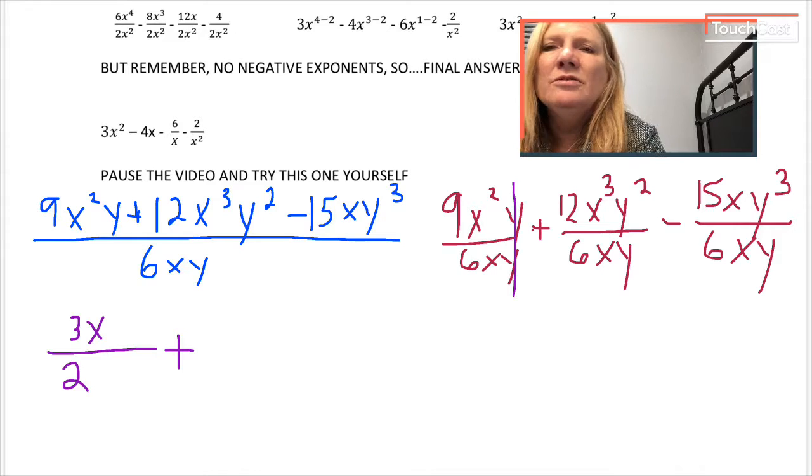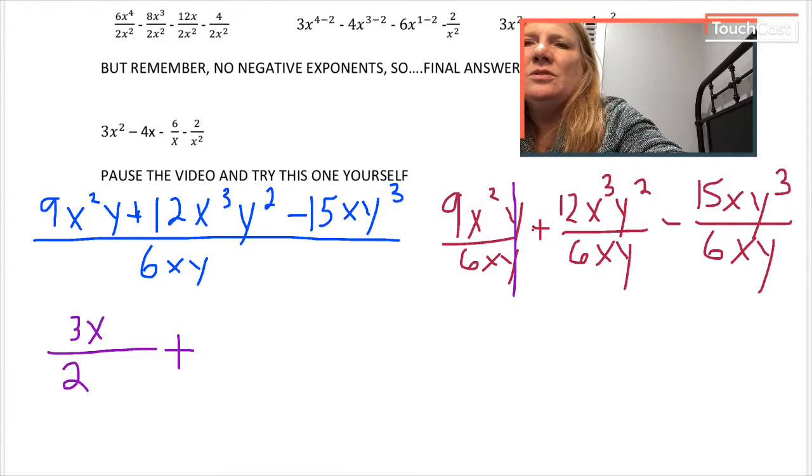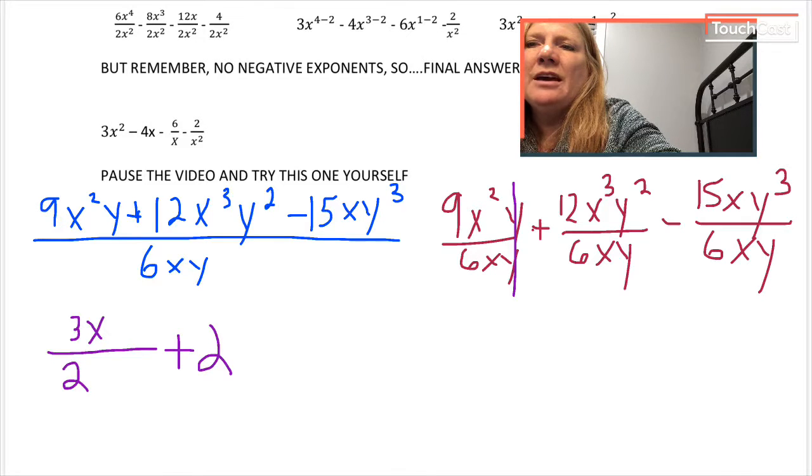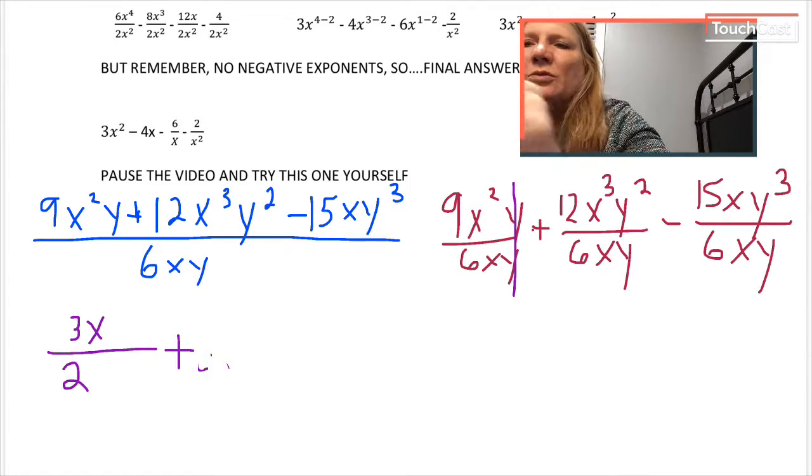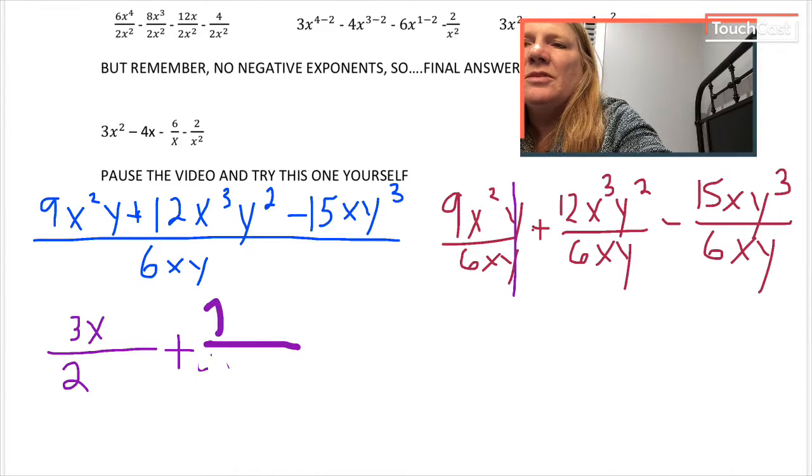Then our second term: we have 12 divided by 6, which is 2. I'm going to change that and just erase it and leave the 2 on the top, seeing as it is a 2 by itself. My pen got fat again.